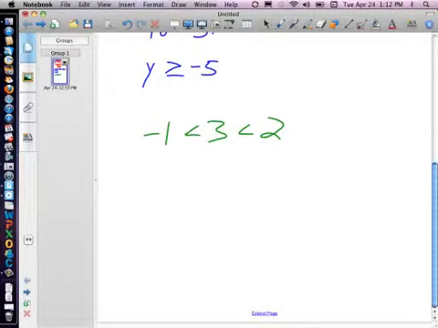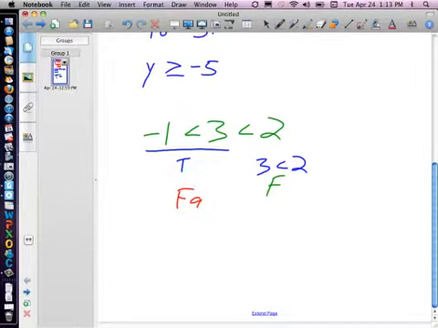So we have this compound inequality, and we need to see if this is true or false. Well, in a compound inequality, for it to be true, all of it has to be true. Okay, so notice this part's true, but this part here, 3 is less than 2, is false. That is false. Therefore, the whole thing is false. Okay, that's called a compound inequality.